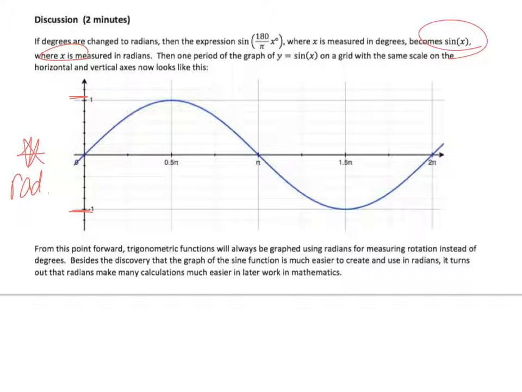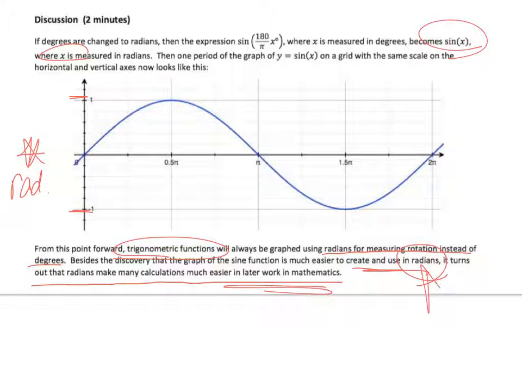So from this point forward, trigonometric functions will always be graphed using radians for measuring rotation instead of degrees. Besides the discovery that the graph of the sine function is much easier to create and use in radians, it turns out that radians make many calculations much easier in later work in mathematics. That's why we learn radians.